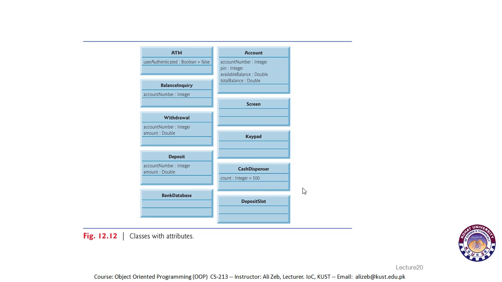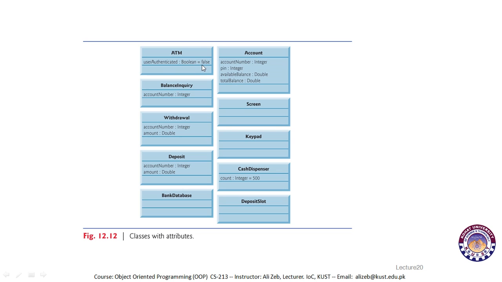Now this is the updated form of our class diagram. We have added the initial attributes that we have identified for our classes. So user authentication, that is a boolean value. We can indicate the default value for the boolean would be false.